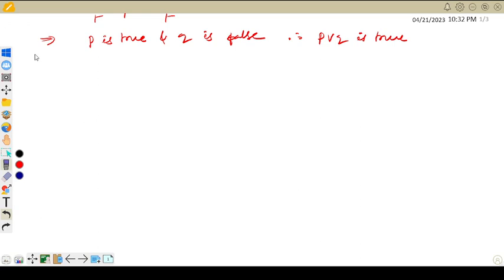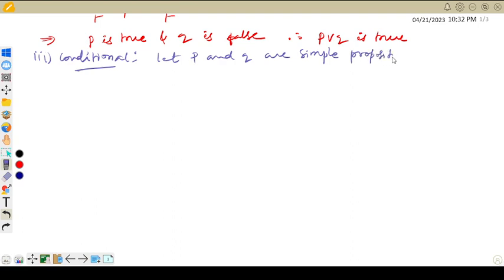Now the third one is conditional. Let P and Q be simple propositions.